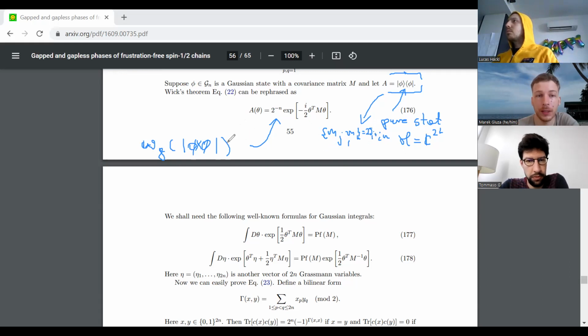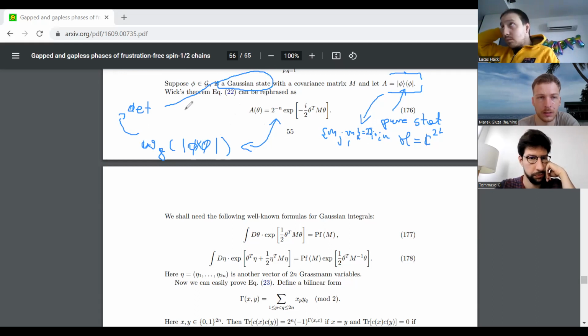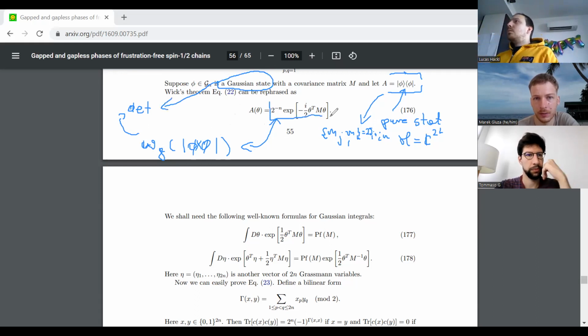Okay, and this we could take as the definition of a Gaussian state. Actually, this is something that Bravyi is doing in one of the papers. So there he's just starting with this as definition of a Gaussian state. So basically taking this form as the definition of the Gaussian state.